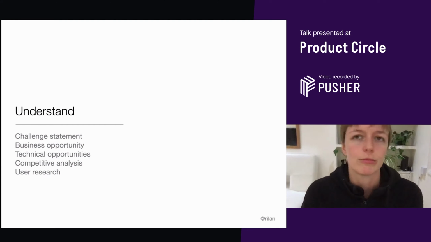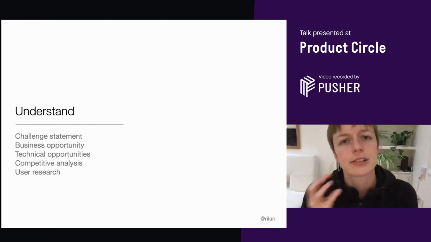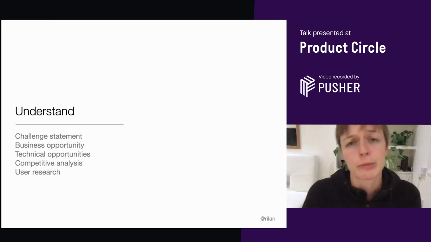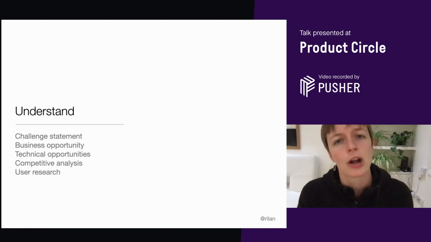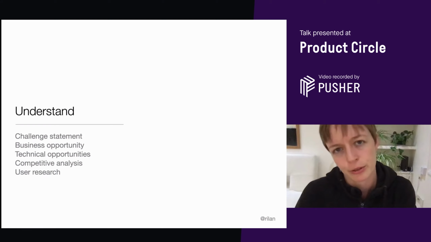They may know that they need to bring their product to market, or that this piece of the product's not working, or maybe our customer support is really suffering. There's a concrete problem, and that problem is very tangible and very painful for the leadership.